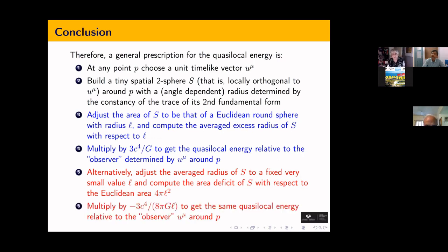And then once you have this area deficit, you multiply it by this quantity here, and then you get the same.